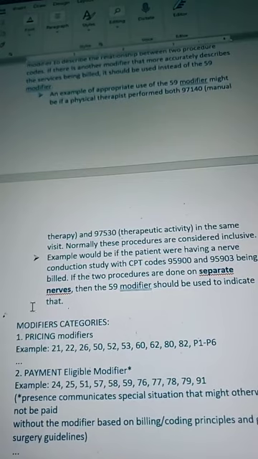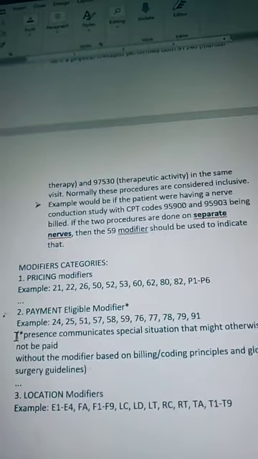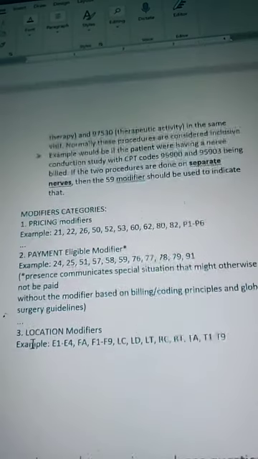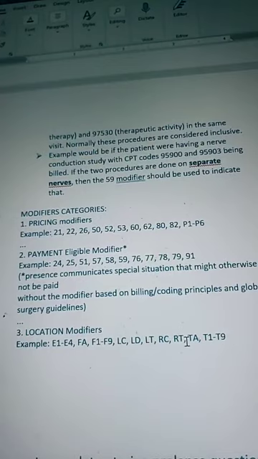I did some more information about modifiers. I listed them all out in this little area as payment modifiers. These modifiers just deal with the money. They change the situation by money. And then these change by location, the body part.